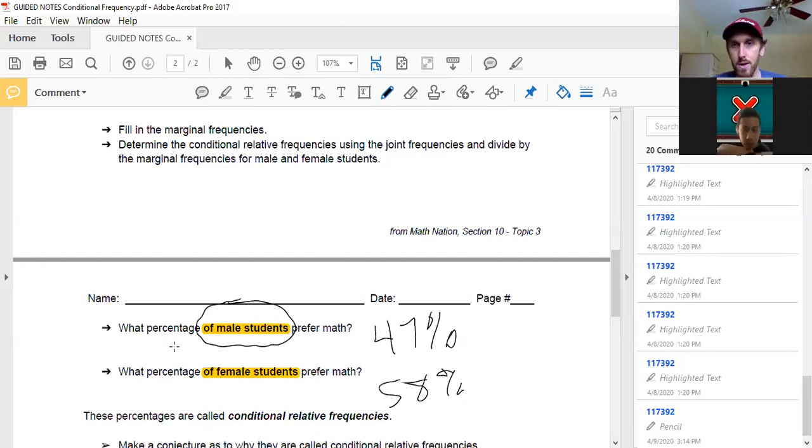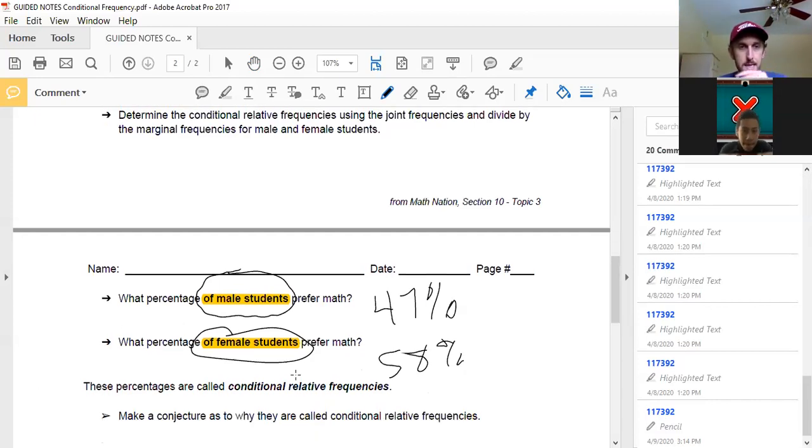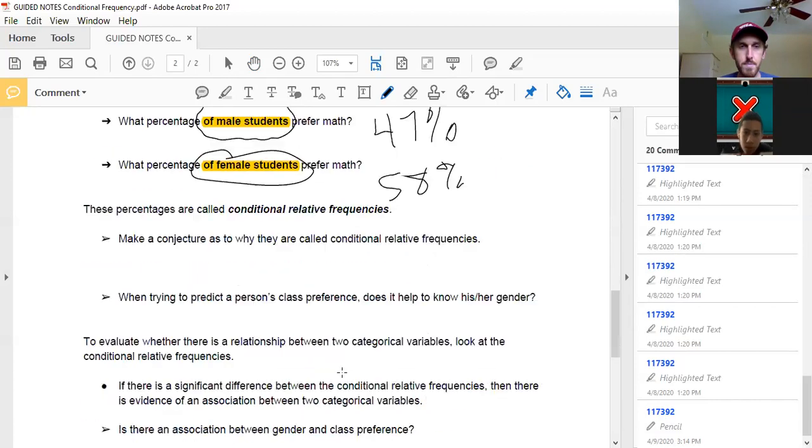It's like a category or a rule. The condition is of the male students, so I'm only going to focus on the male row. If I see of female students, my condition is only female students. I'm not looking at any other part of the table, just the female students, okay? This is like we're setting the conditions, right?